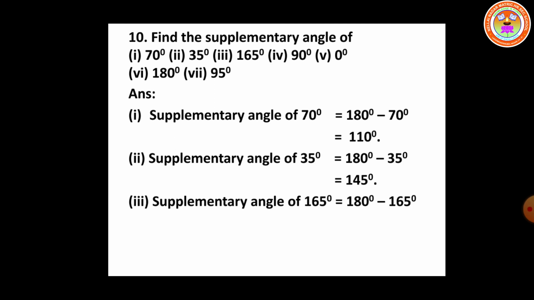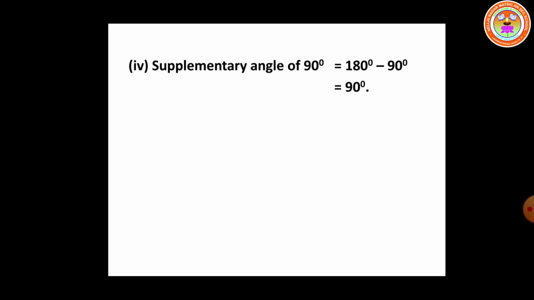Supplementary angle of 165 degree is 180 degree minus 165 degree. It gives 15 degree. Fourth subdivision, supplementary angle of 90 degree is 180 degree minus 90 degree. It gives 90 degree. Fifth one, supplementary angle of 0 degree is 180 degree minus 0 degree.